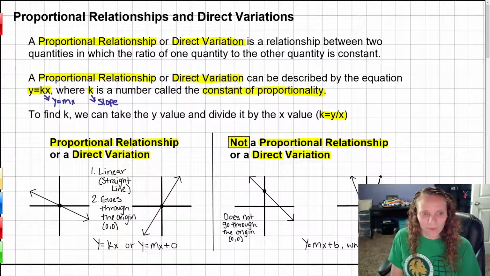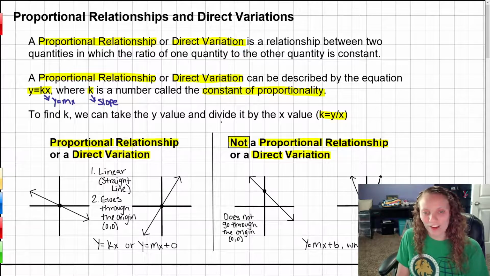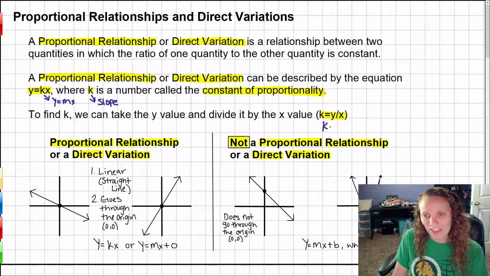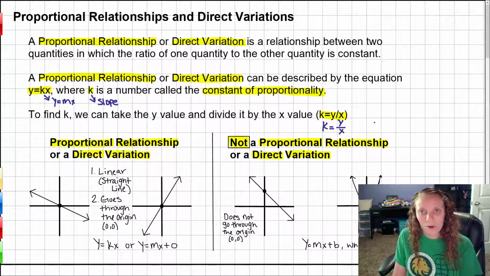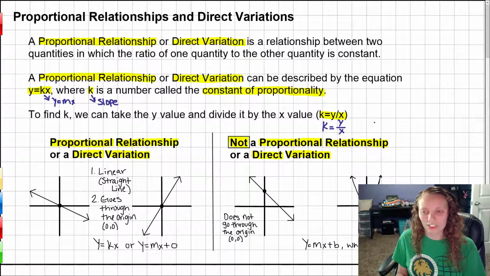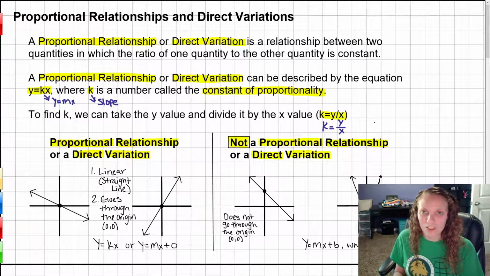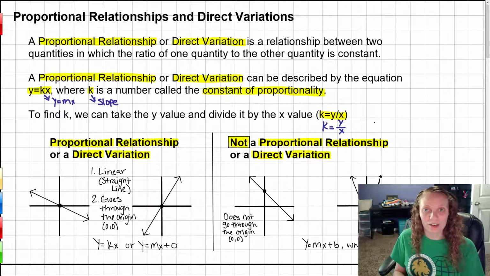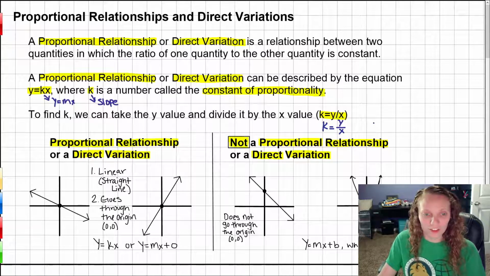To find k, we can take the y value and divide it by the x value, or k equals y over x. Remember, with slope, we would find the change in y over the change in x. Well, this is very similar. If we know that it's a proportional relationship, all we have to do is the y divided by the x. We don't have to find the patterns.